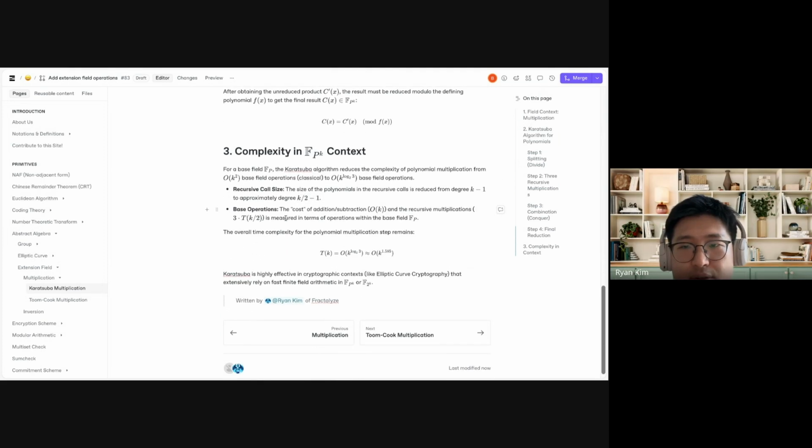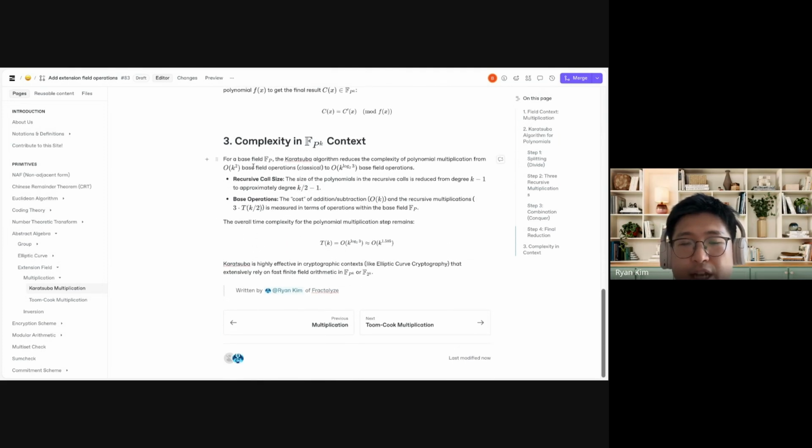So for a base field F of p, for simplicity I just treated the base field as a prime field, but it can be extended to a part of an extension field where the degree over the base field is 2.